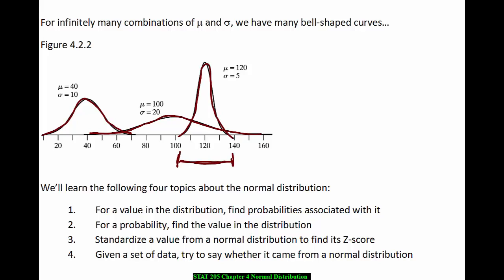It looks like it's about between 100 and 140. For the next biggest standard deviation, sigma of 10 on the left, it's a little more spread out. It occupies about this much space on the real number line. And for the biggest standard deviation of 20, you can see that it occupies a lot more space than the other two.